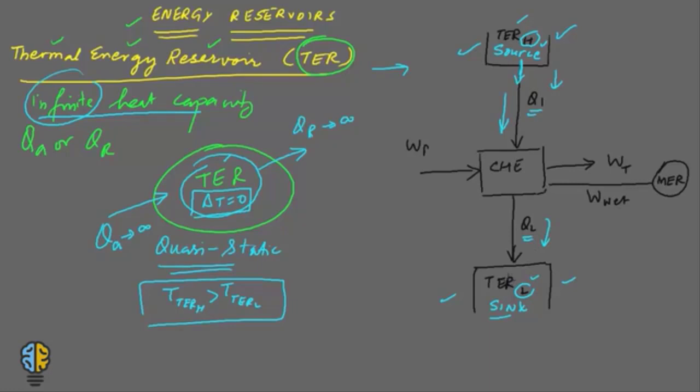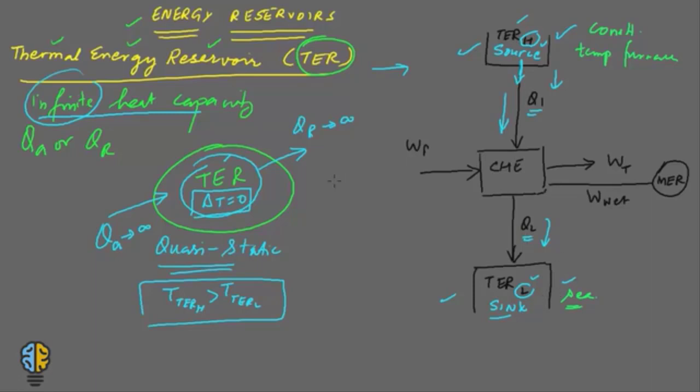A typical source would be a constant temperature furnace, like a furnace firing a boiler, and a typical sink would be, let us say, a sea. If you go back to the steam plant, the condenser is basically rejecting the heat to the seawater. So these are some examples of a source and a sink.